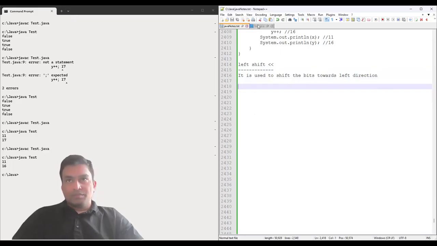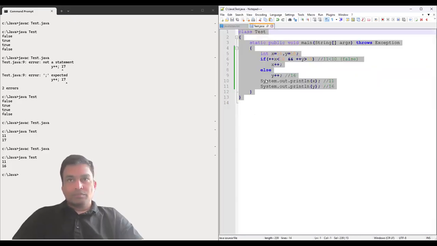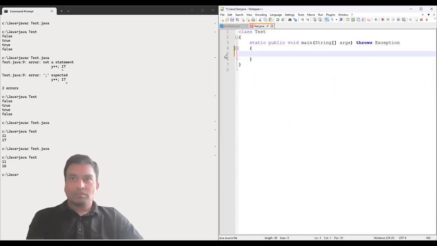Let's see one example. For example, if I do System.out.println of 5 left shift 1.